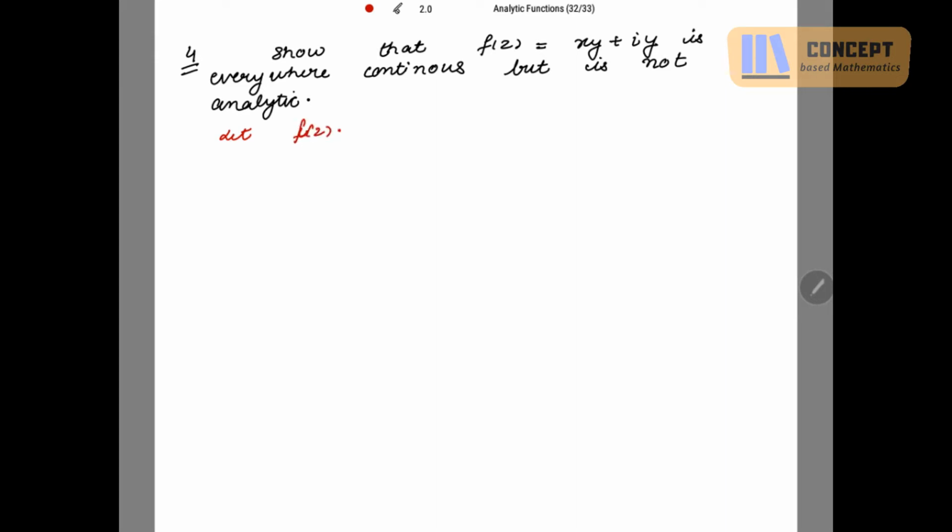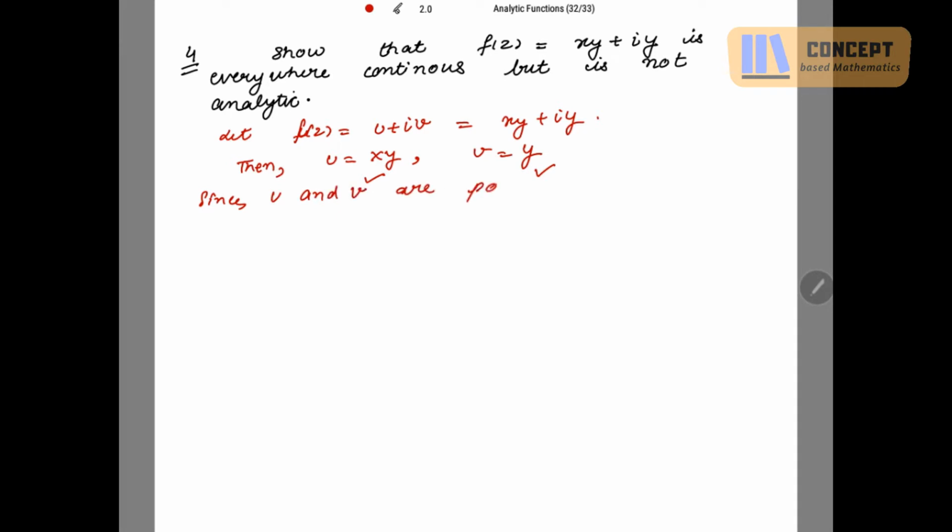Now let your f of z is equal to u plus iota v, which is equal to xy plus iota y. Then your u is xy and v is y. This is also polynomial, this is also polynomial. Since u and v are polynomials in x and y, ये फर्स्ट चीज़ मैं प्रूव कर रही हूँ.